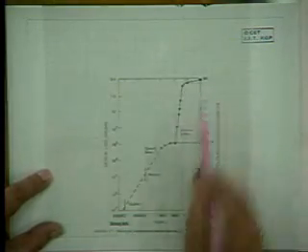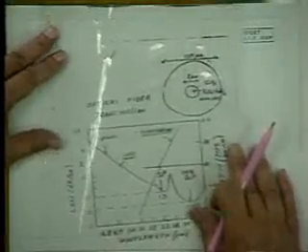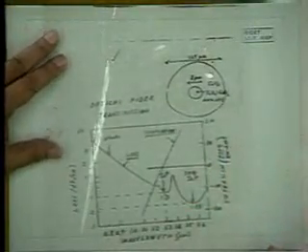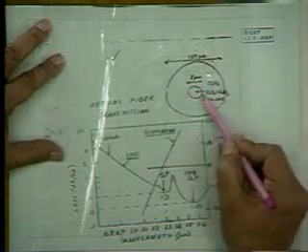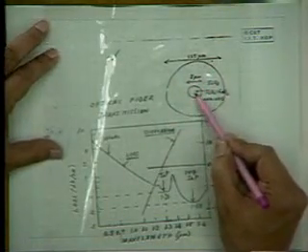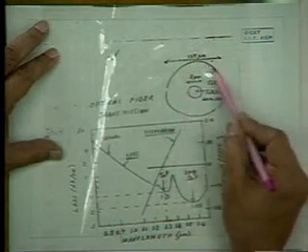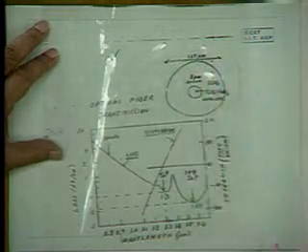Now, at what wavelengths is this glass transparent? If we look at these optical fibers, it consists of a core which is about 8 to 10 microns in diameter, surrounded by a cladding which is 125 microns.